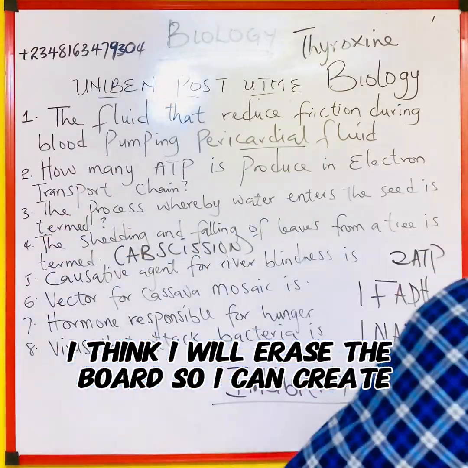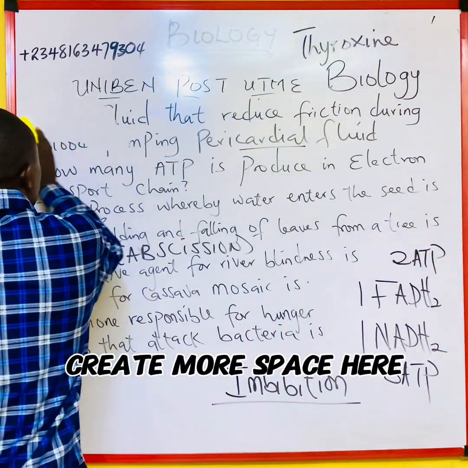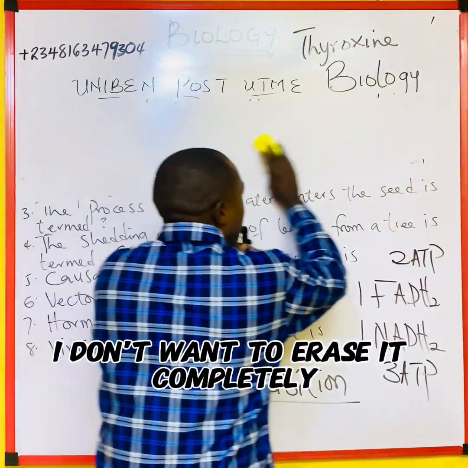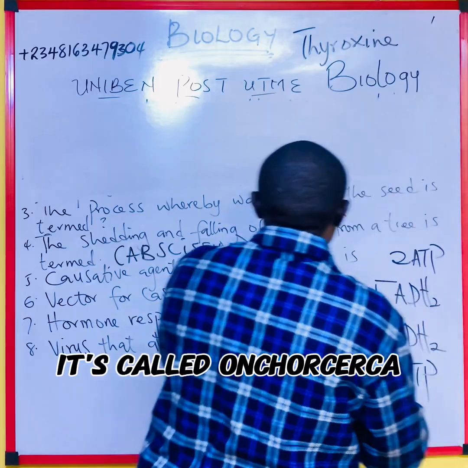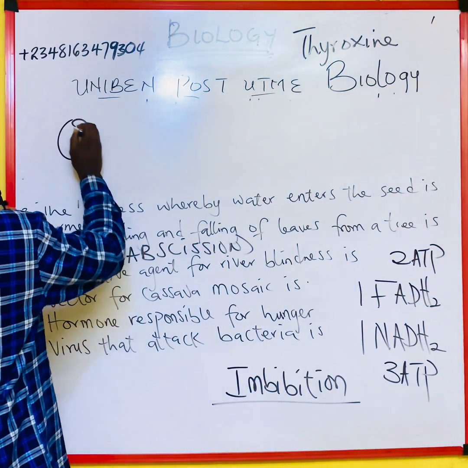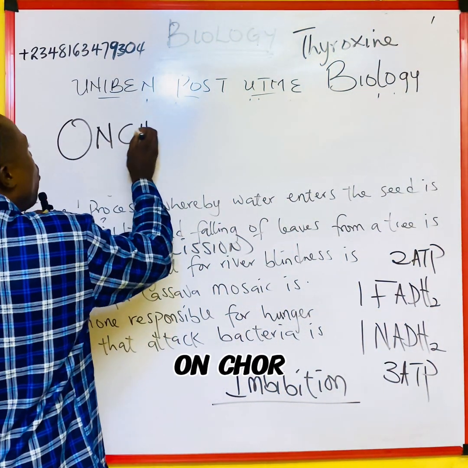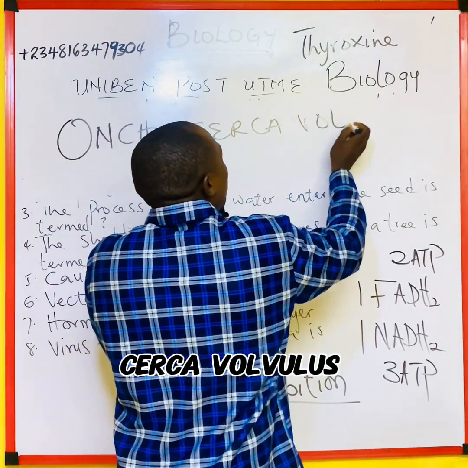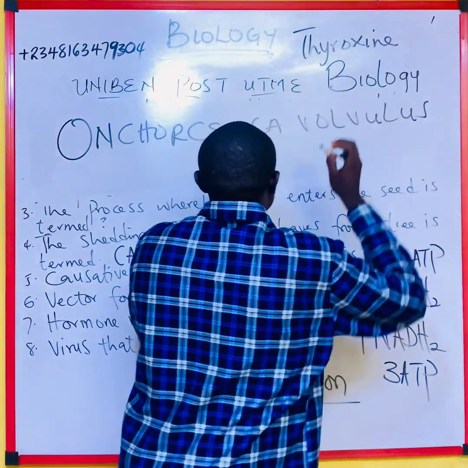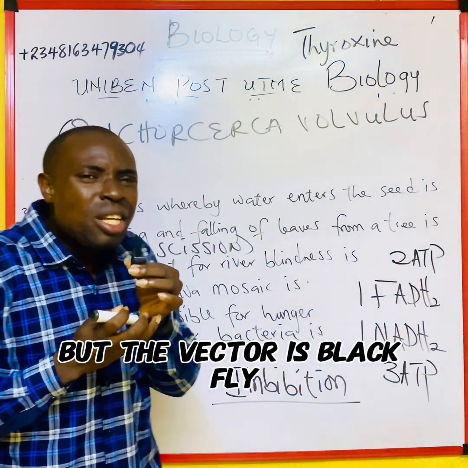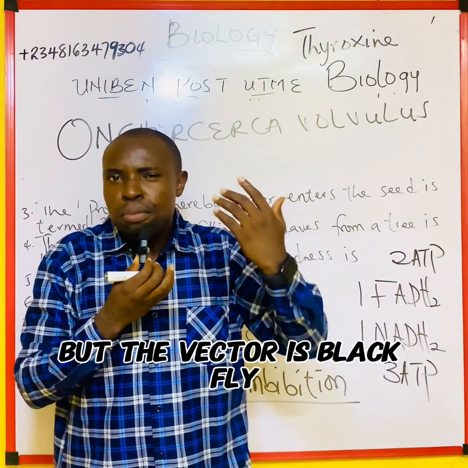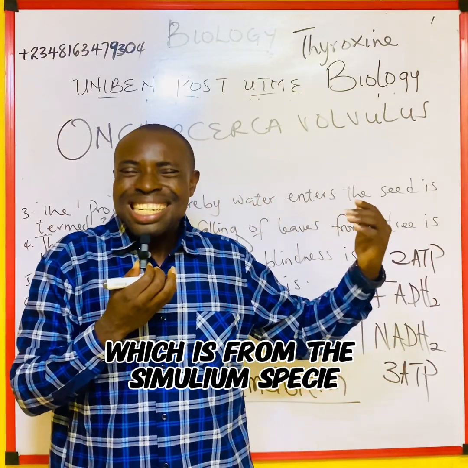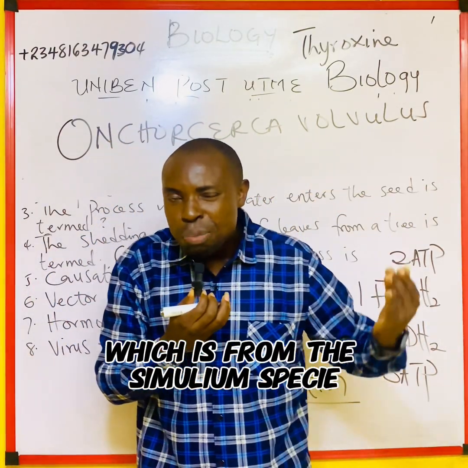I will raise the board so I can create more space here. We don't erase it completely. It's called Onchocerca volvulus. But the vector is the black fly, which is from the Simulium species.